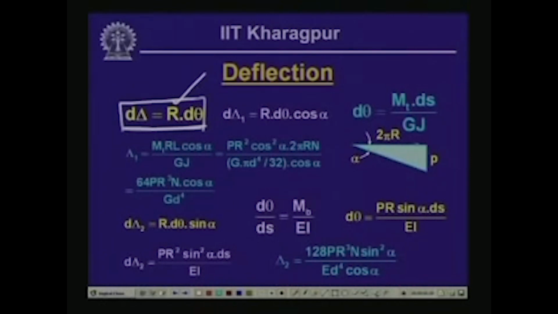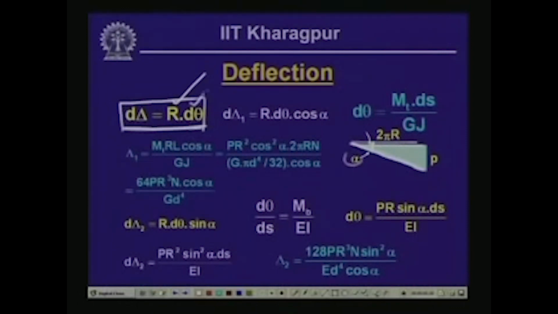The difference between the closed coil and the open coil is the helix angle, where the length 2 pi r virtually becomes this length, so it has an inclination alpha.